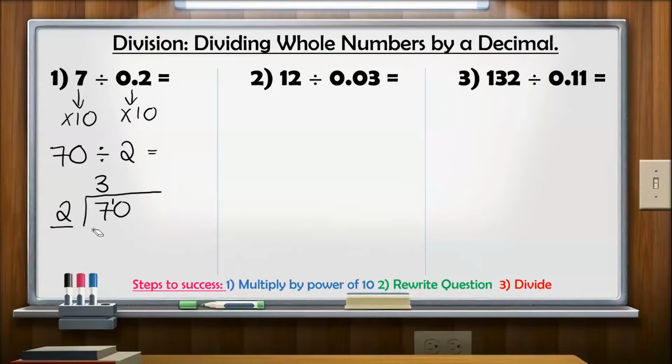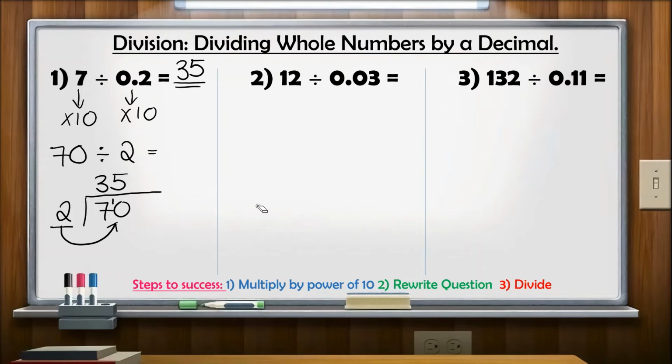Next, I'm going to ask myself, how many 2's are there in 10? And the answer is 5. So there we have it. 70 divided by 2 is 35. And this is the same answer for 7 divided by 0.2, which is also 35.